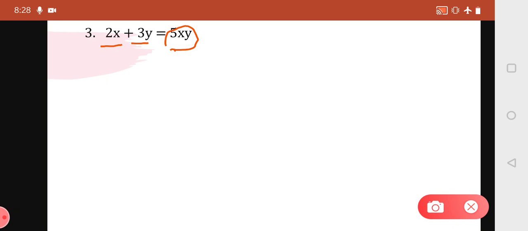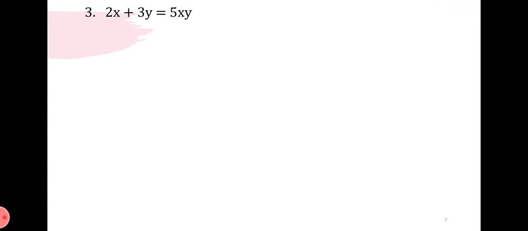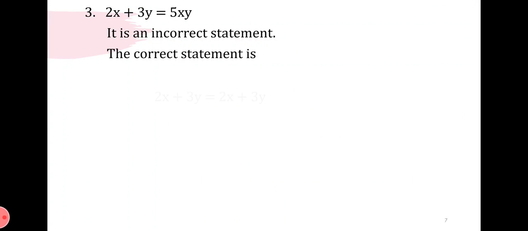Because here 2 plus 3, 5 you cannot add, because variables are different. They are unlike terms. Only we can add, subtract, multiply or divide like terms. So again it is an incorrect statement, and the correct statement is 2x plus 3y equal to 2x plus 3y. Here we cannot add because both are unlike terms. Unlike means both terms are having different variables.